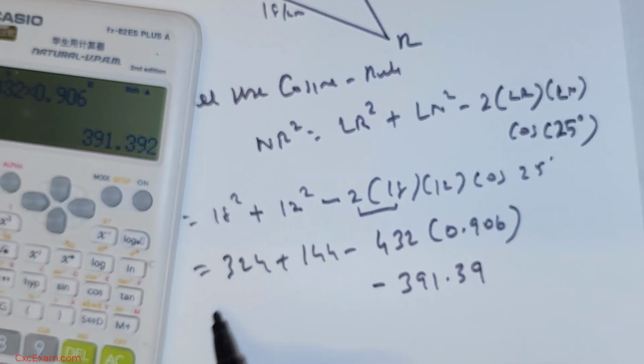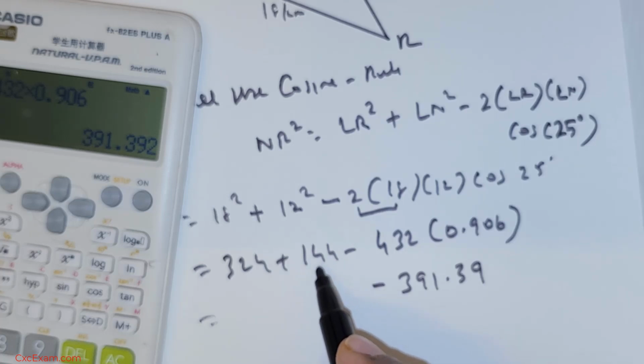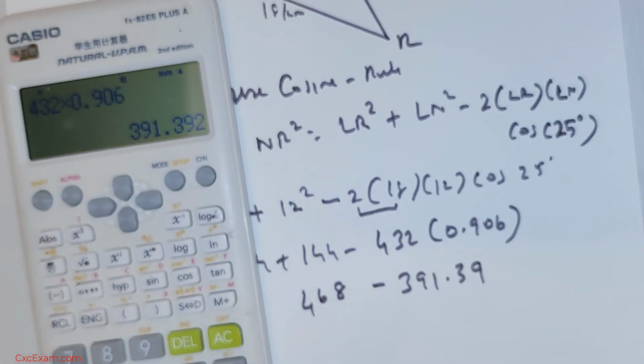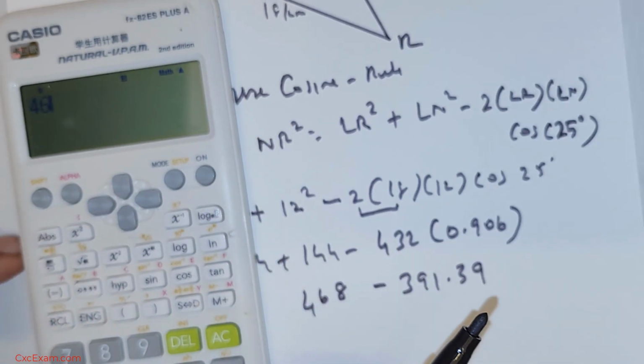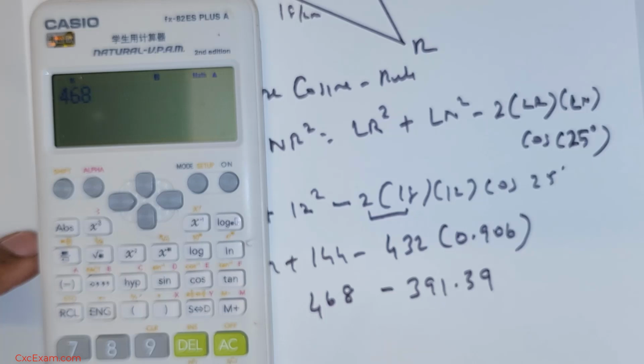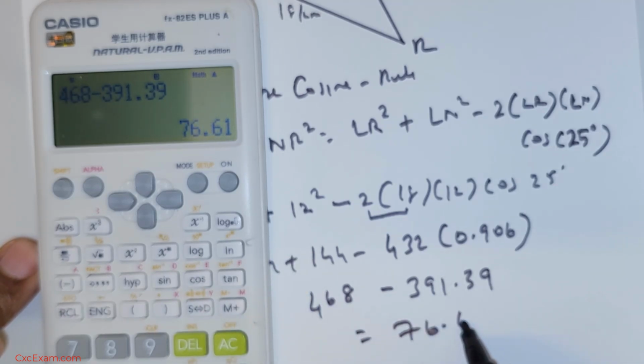And 324 added with 144 is 468. So 468 minus 391.39 is giving a value of 76.61.